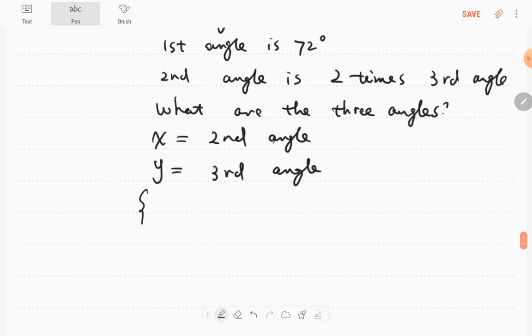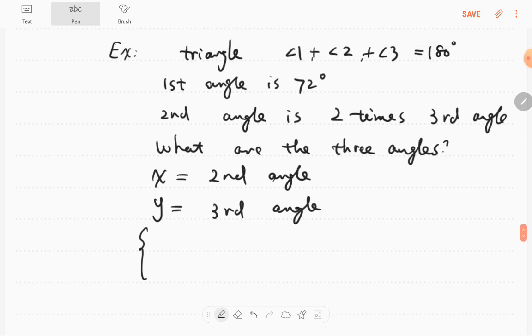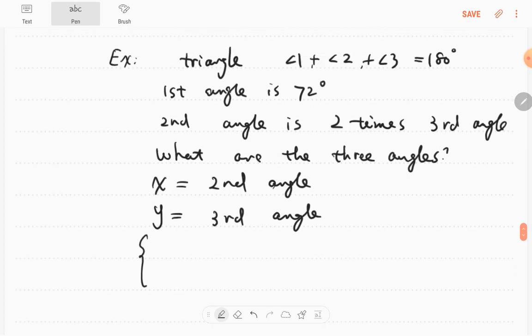Second step, we will try to get our system. Now we will use the rule. We know the sum of the three angles is equal to 180. So we could say first angle plus second angle plus third angle equals 180.